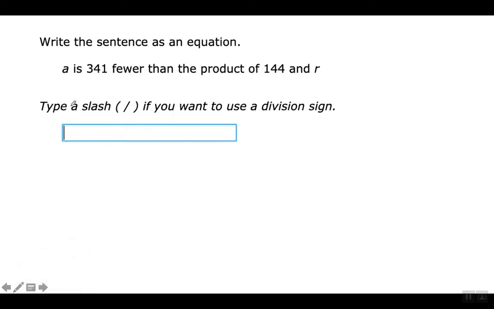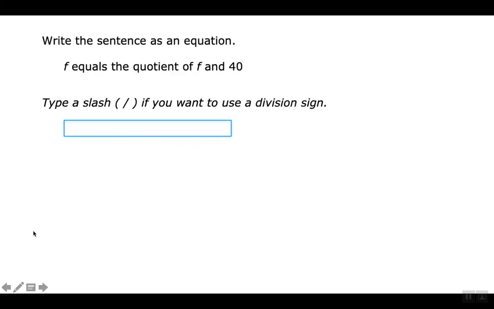A is 341 fewer than 341 menos que the product of 144 and R, el producto de 144 y R. F equals the quotient means divide, el cociente quiere decir dividir, of F and 40.